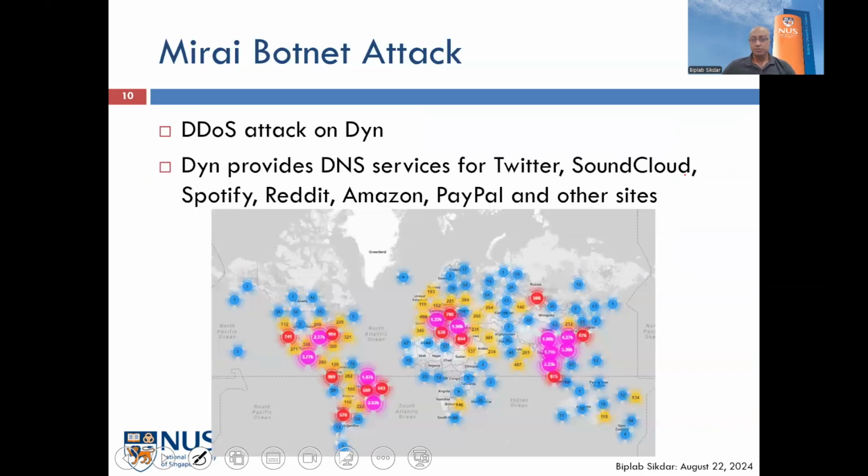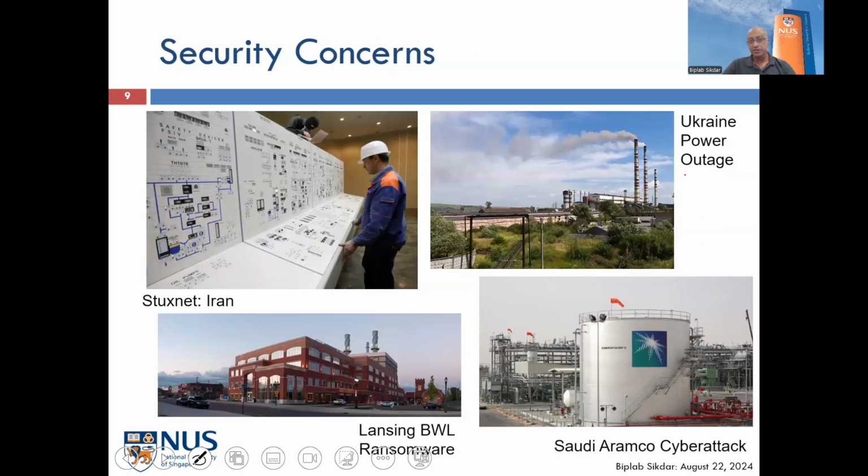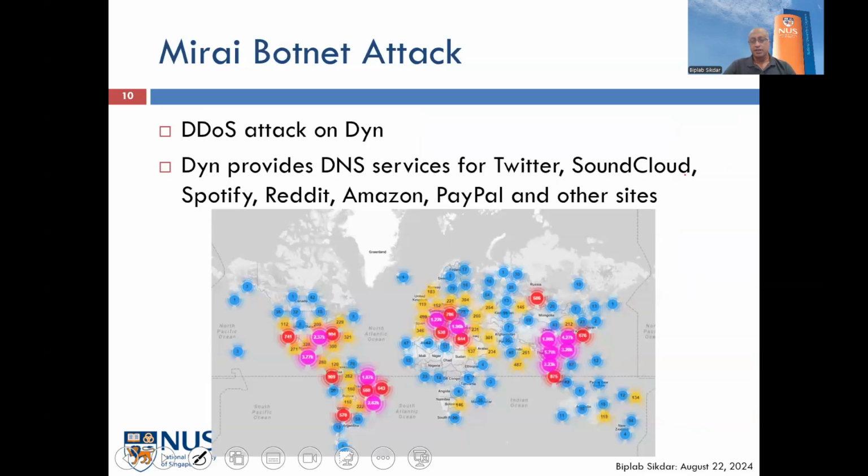And another, more recent attack. These are all examples of industrial systems using IoT that were hacked by attackers and then got compromised. This is another example where household IoT devices got hacked, and then they were used to launch a cyber attack. This is the Mirai botnet attack.